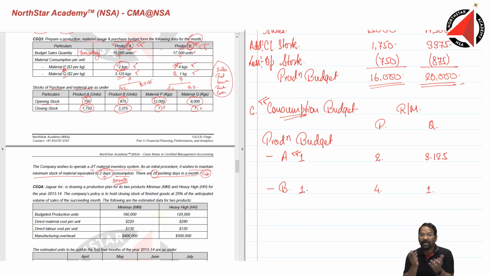I am making 16,000 units of A and 20,000 units of B.